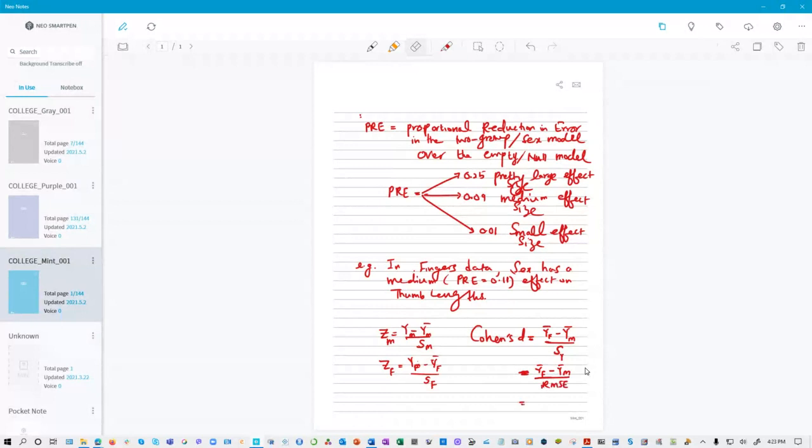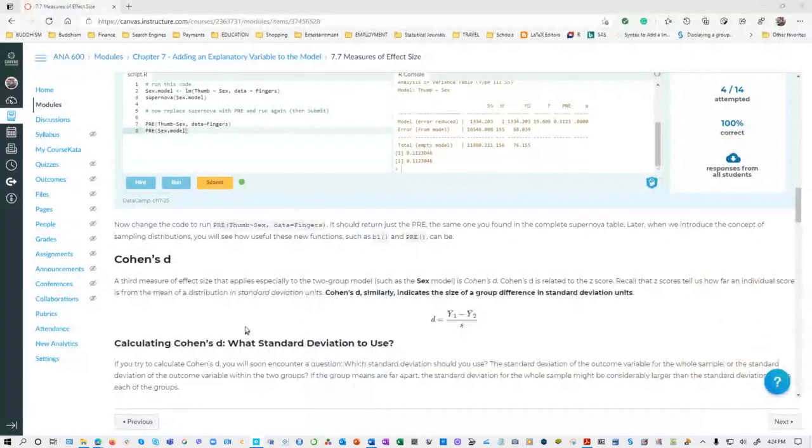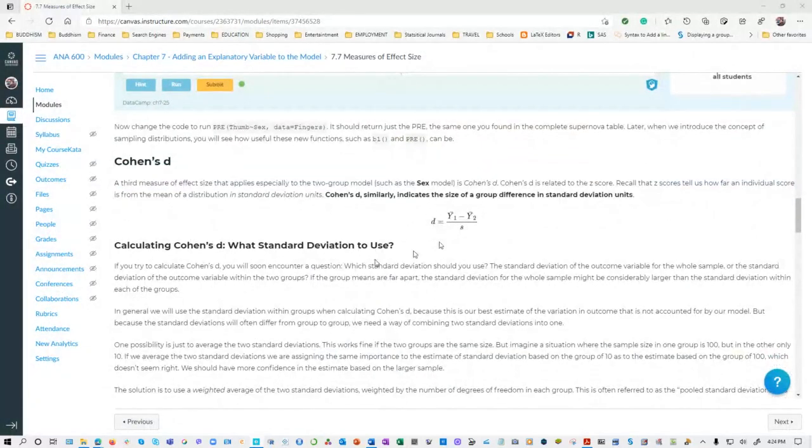You can remember that root mean squared error means the square root of the mean squared error. You can use the absolute value for this one.